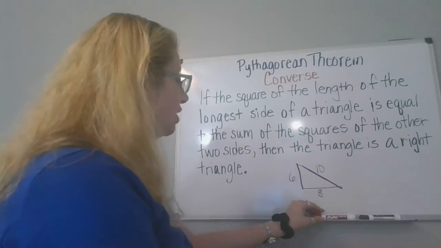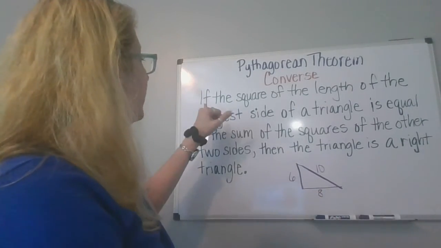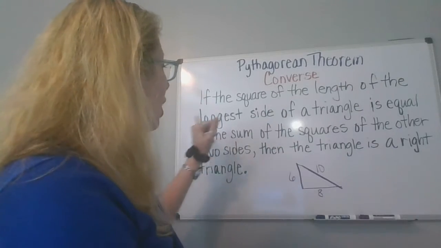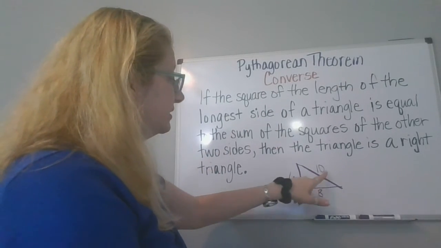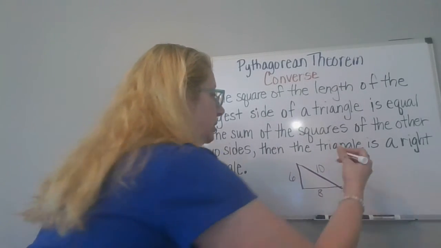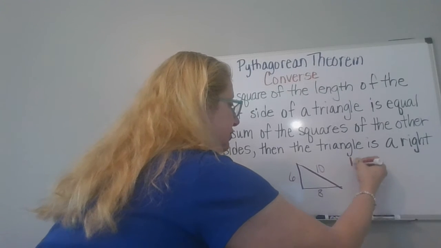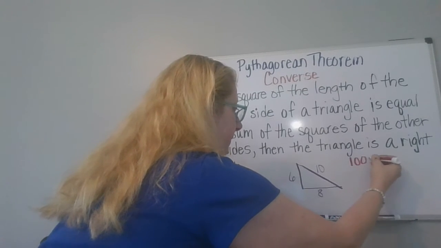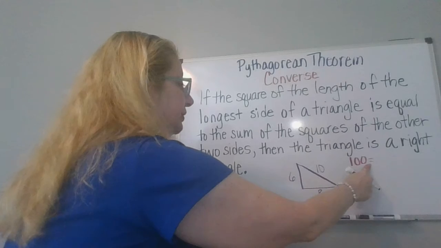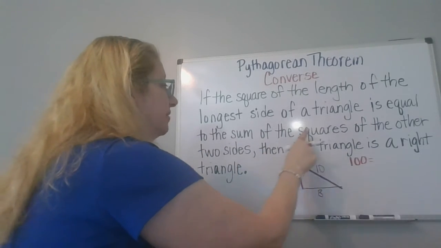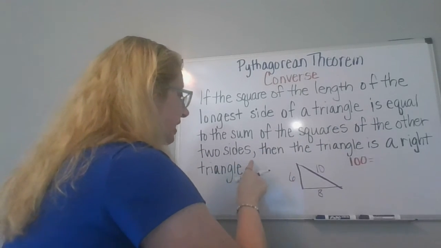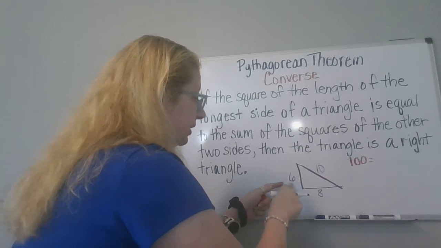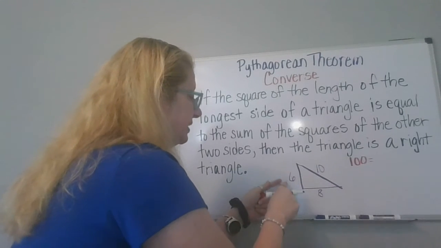So let's go back to this. It says, if the square of the length of the longest side, what's the square of 10? Well, that's 10 squared, which is 100, is equal to the sum of the squares of the other 2 sides. So we're talking sum, so we're going to add these 2 numbers together after we square them.